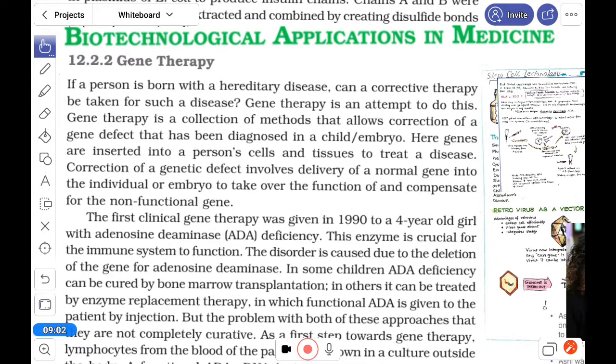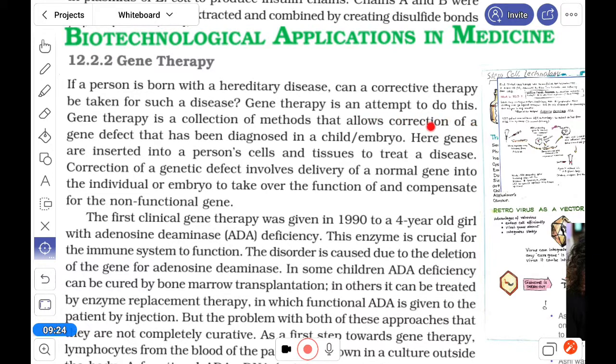It means that if we change the diabetic gene into a normal gene, then this diabetes disease will not be there in generation after generation. It will stop there. This approach is gene therapy.